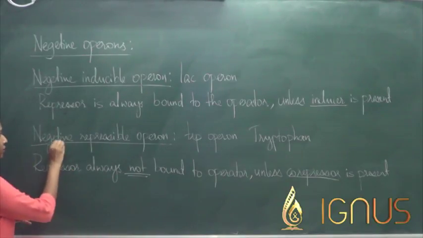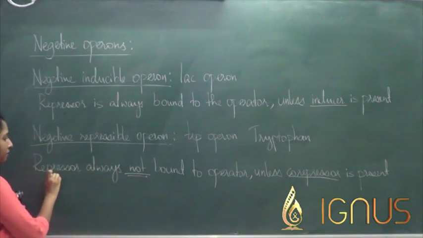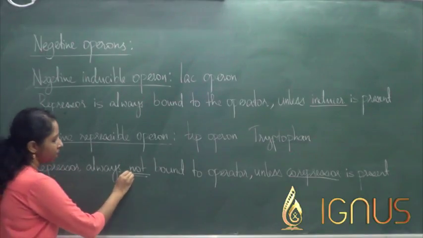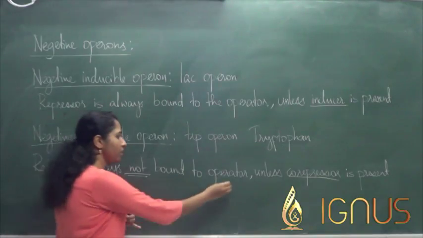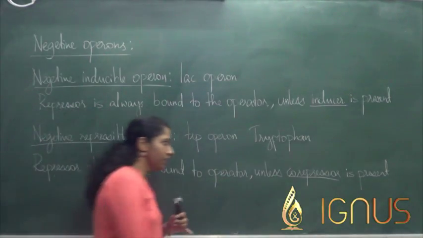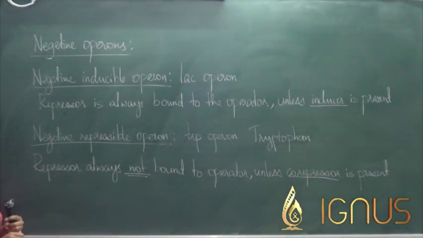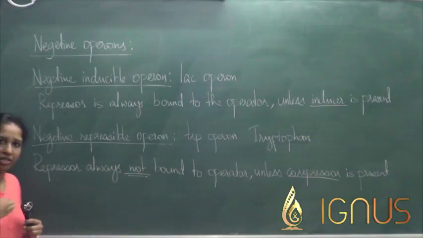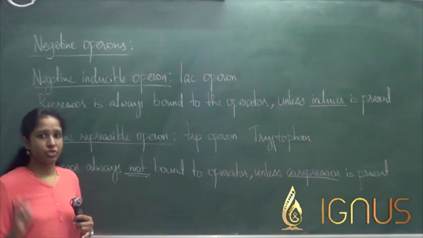In normal cases, it is not bound to the operator. Only when the co-repressor is present, and binds to the repressor, can the repressor bind to the operator and the transcription is stopped.